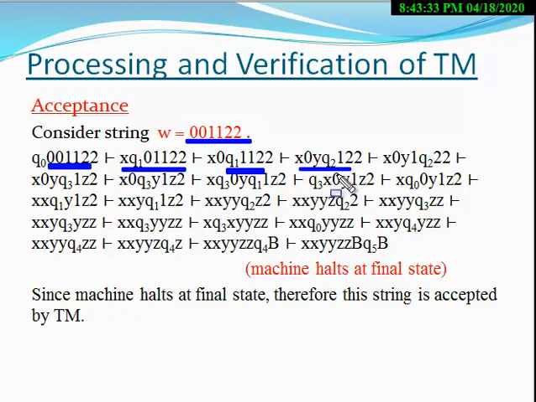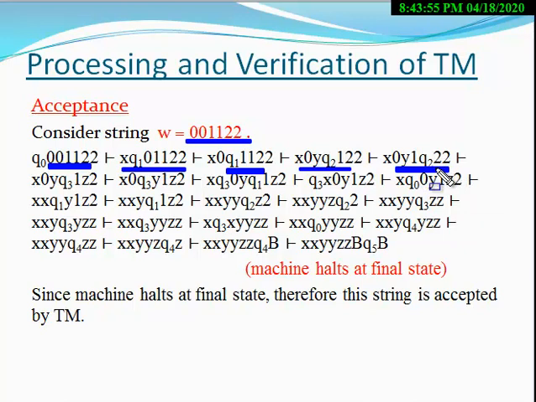At the Q2 state, the machine only moves in the right direction till it encounters the first 2. So here the 1 appears, it means the machine moves in the right direction. At state Q2, the 2 appears as an input.